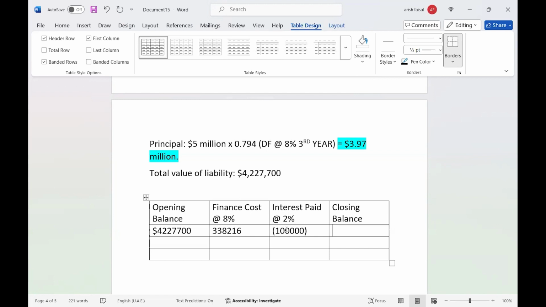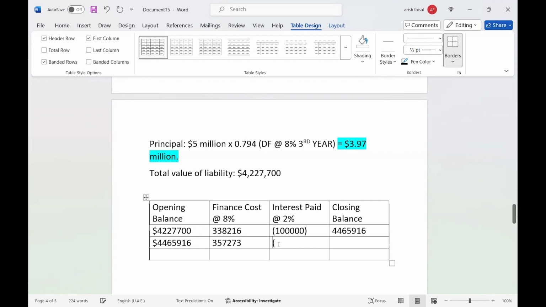So this will give you 4,465,916 as the closing balance of the liability of the convertible loan note. Likewise, you can do it for the next year. So it will become 4,465,916. And again, you're going to apply the rate of 8% onto it. So this will become 357,273.